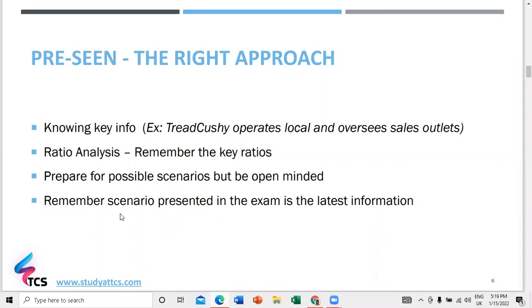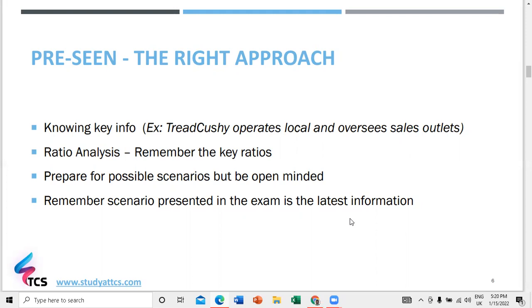And remember, the scenario presented in the exam is the latest information. You might have gone through the pre-scene. The pre-scene gives you an indication about what has happened within the company as well as the industry in the past. However, at your exam, present information will be provided pertaining to the issues faced by the company.